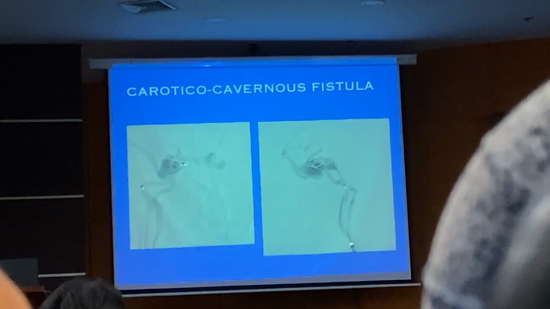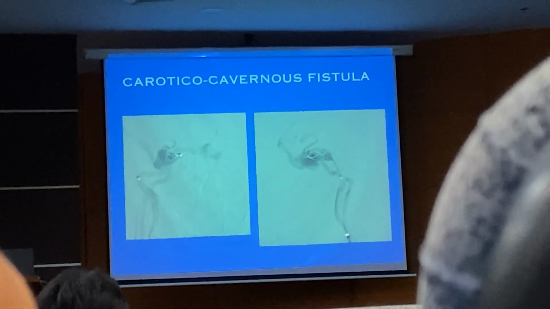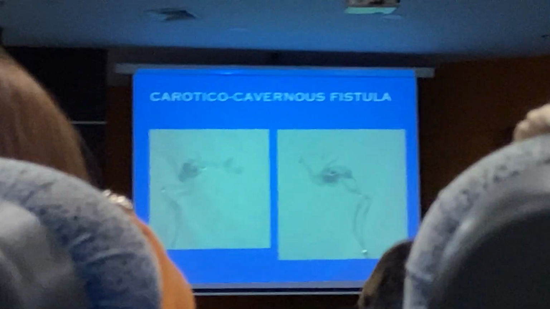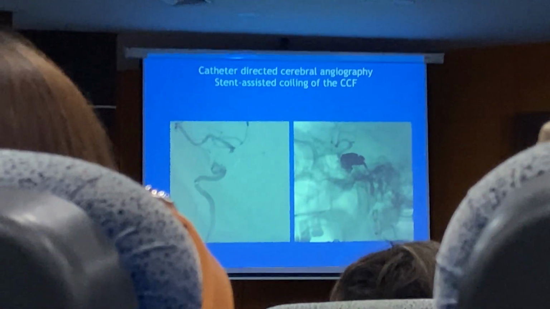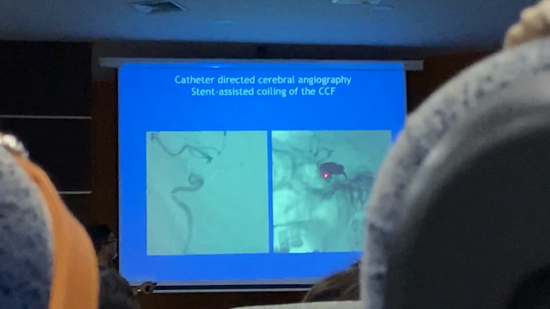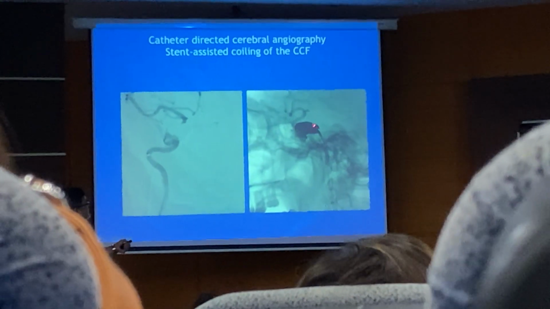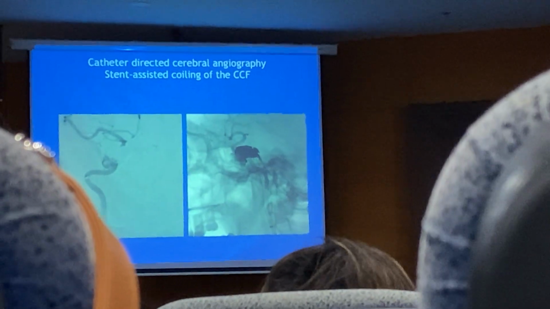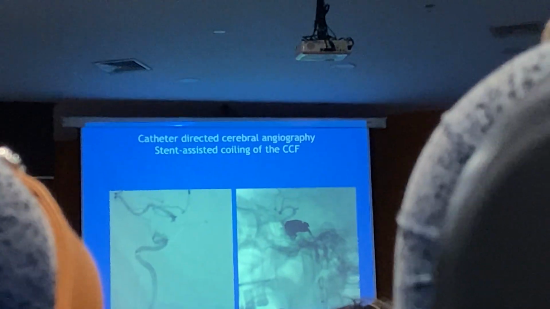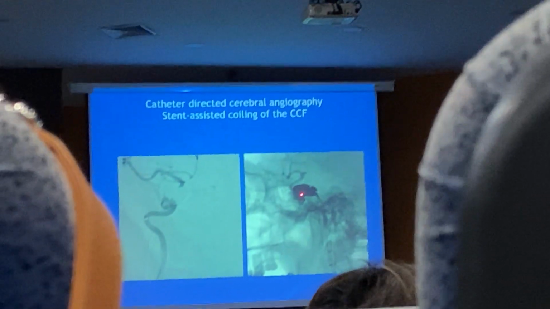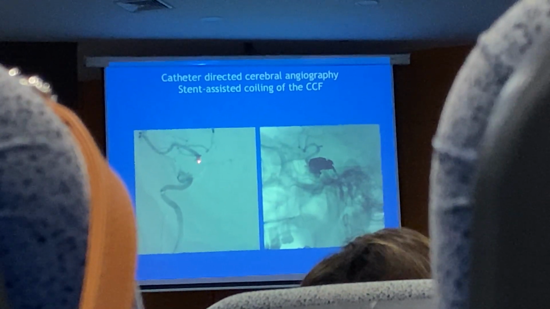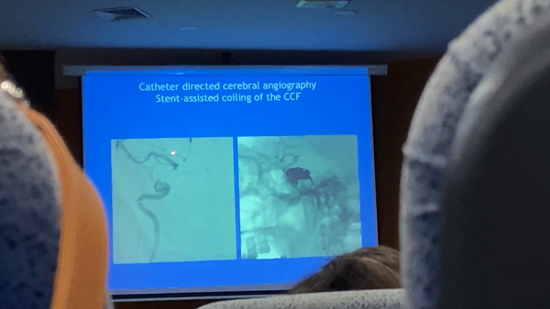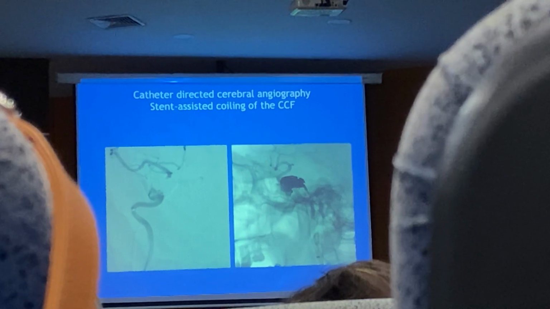And then after that, we glue it with a coil, and then we place Onyx. It's a type of glue to occlude the cavernous sinus. And now you can see there's revascularization of the middle cerebral and anterior cerebral artery.